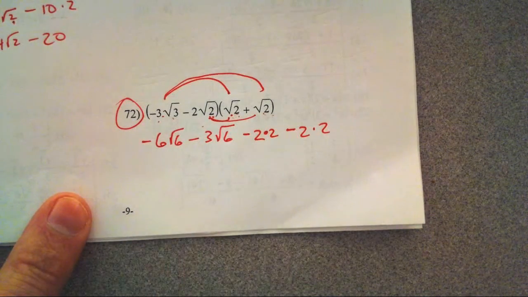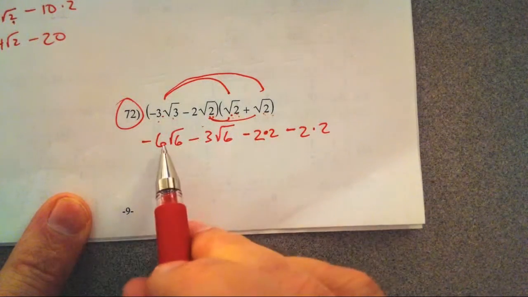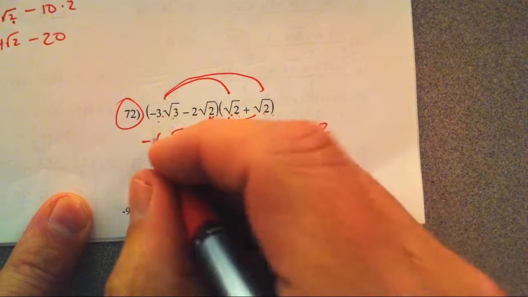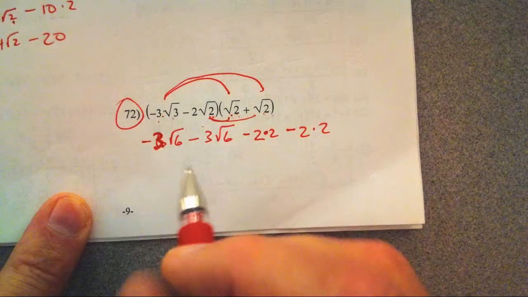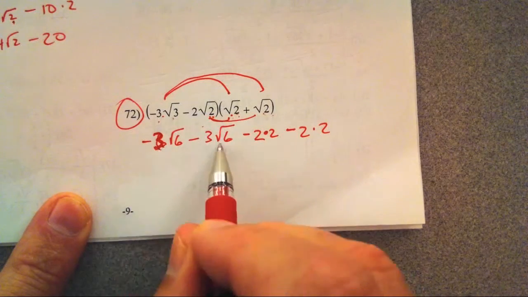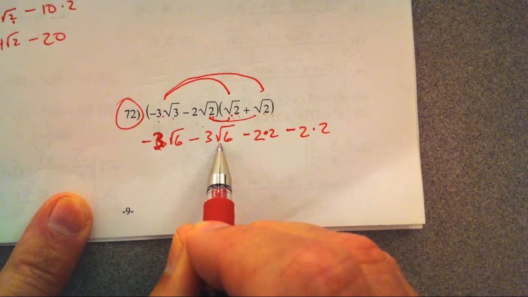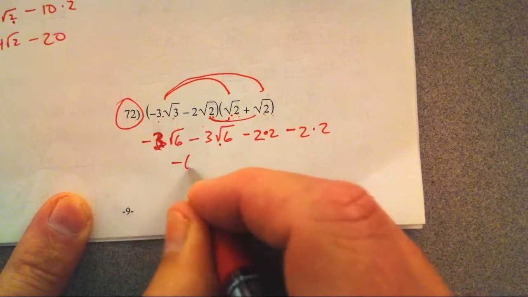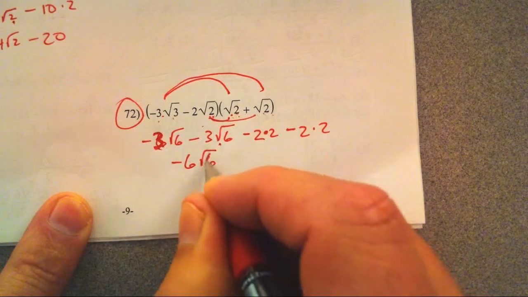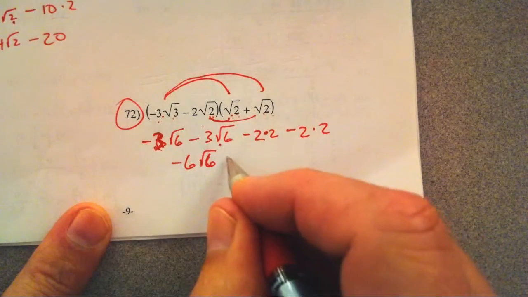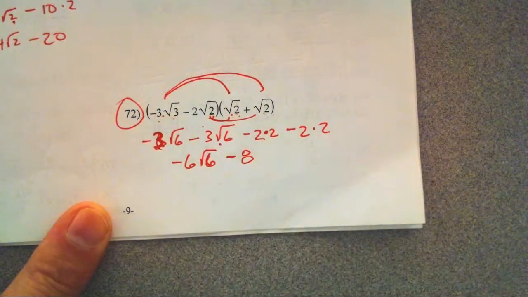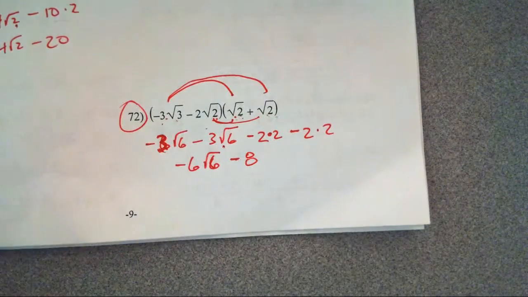Where's my mistake? What's that? Minus 3 root 6. Wow. I'm going to stay with this video. Minus 3 root 6's and minus 3 root 6's gets me minus 6 root 6's. Oh, that's what I was doing. I was in the distributing mode. Minus 4, minus 4, minus 8. Is that okay? Thanks.